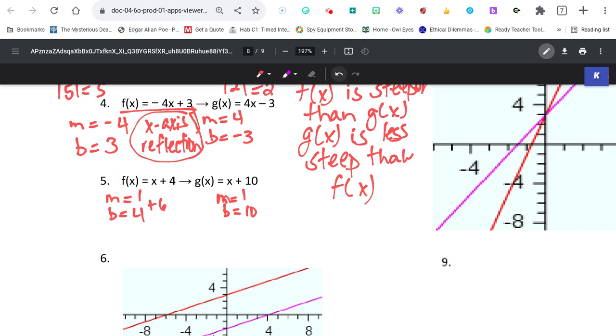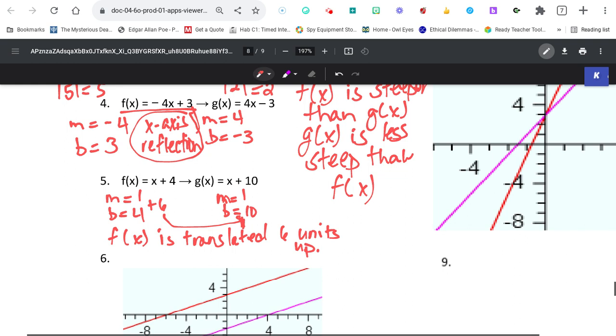So I have to add 6 to get to 10. 4 plus 6 will put me at a b of 10. So this means that f of x was translated six units up. That's all you do.